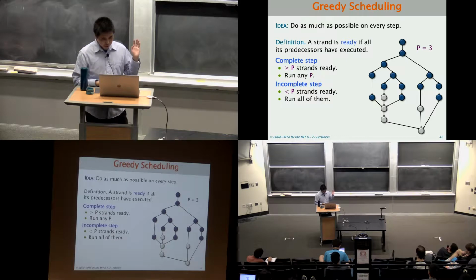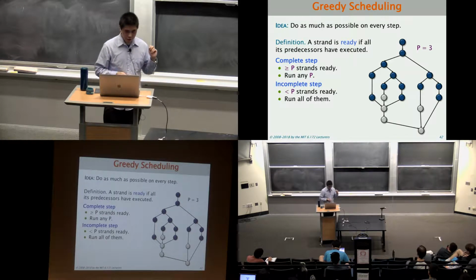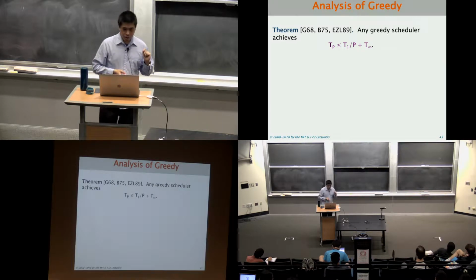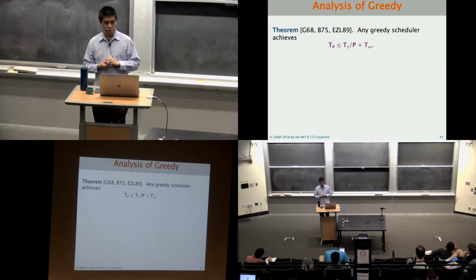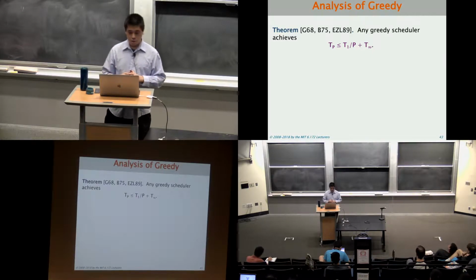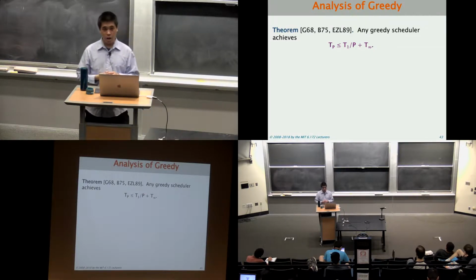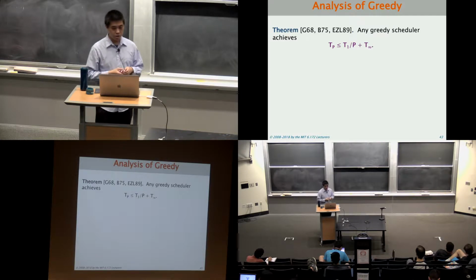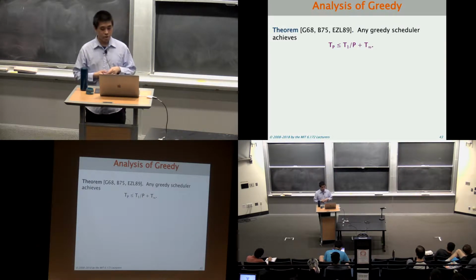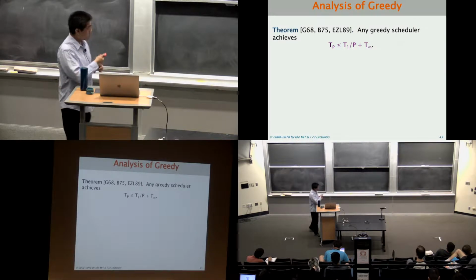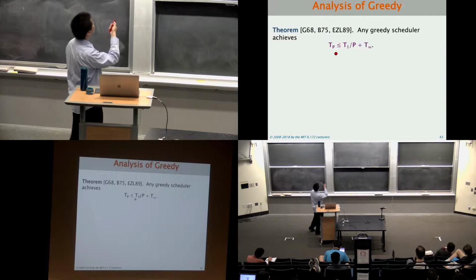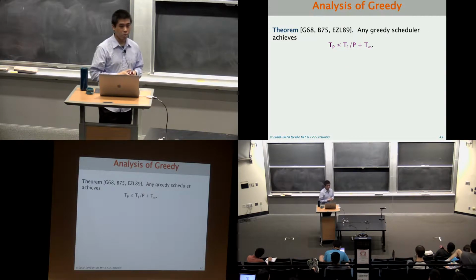We're going to use complete steps and incomplete steps to analyze the performance of the greedy scheduler. There's a famous theorem, first shown by Ron Graham in 1968, that says that any greedy scheduler achieves the following time bound: T_p is less than or equal to T_1 over p plus T_infinity. You might recognize the terms on the right-hand side. T_1 is the work, and T_infinity is the span that we saw earlier.